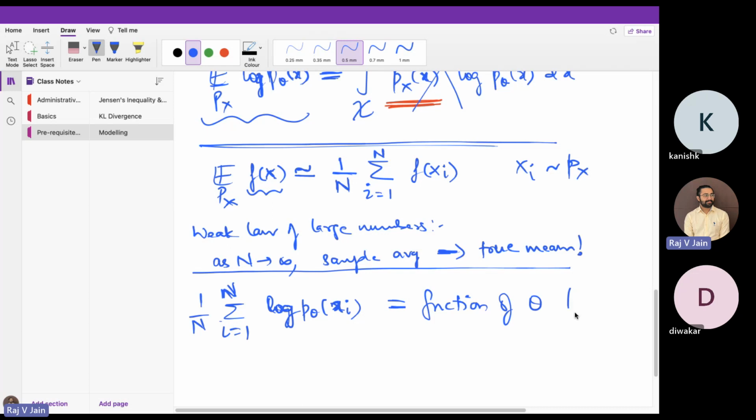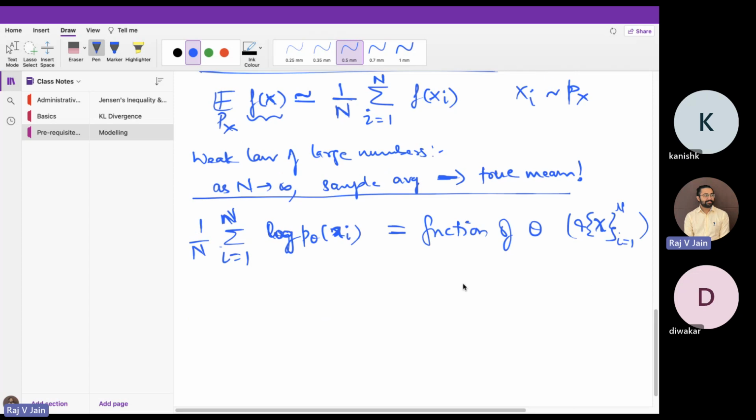And inherently, yes, it's a function of the data that we have in hand. But given the data is fixed, we're not messing with the data anymore. So this is just a function of theta, so it can be seen as some f of theta.